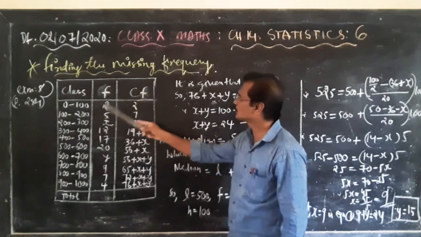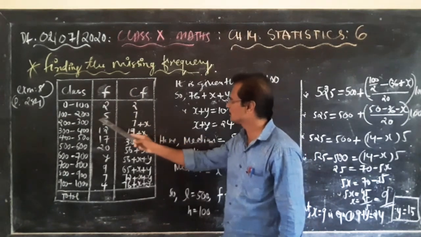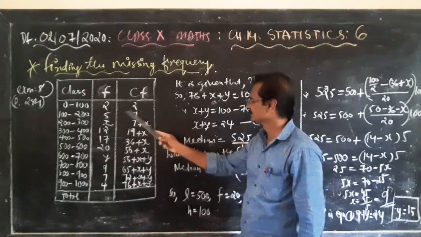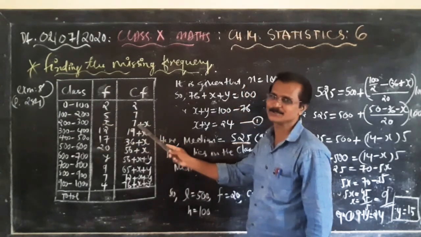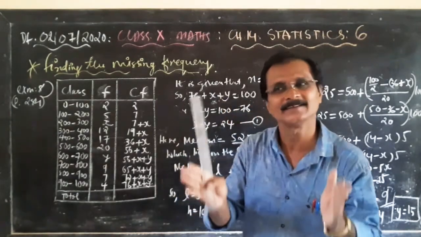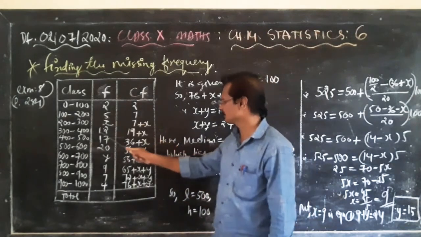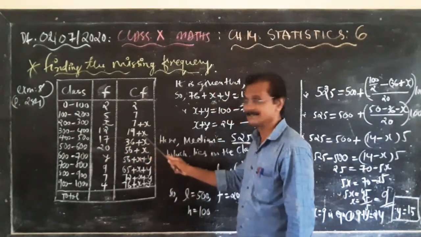Then adding 2 to the frequency of the next class, 2 plus 5, that is 7. 7 plus x, so we need to write it in equation form. So keep it as 7 plus x. Now 7 plus x plus 12, that is 19 plus x.